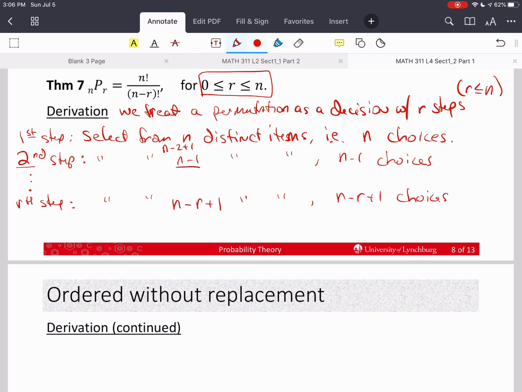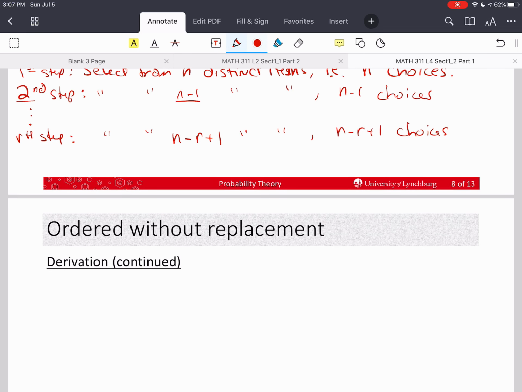So these are the same. When we get down to R, instead of N minus 2, it's N minus R plus 1. When I first took the course and saw this the first time, I understood it, but it was kind of difficult for me. I had to think about it a lot. So I thought I'd try to help you out with that.